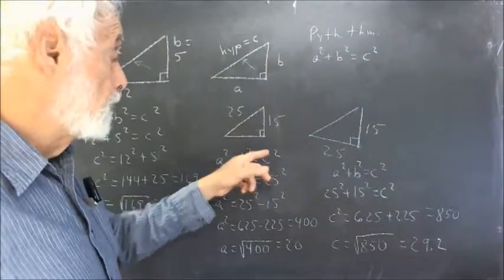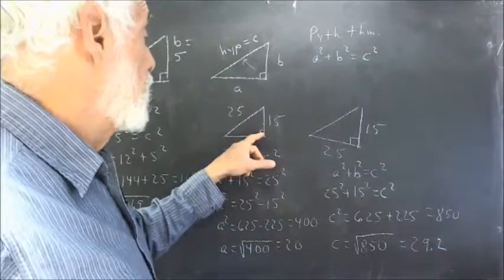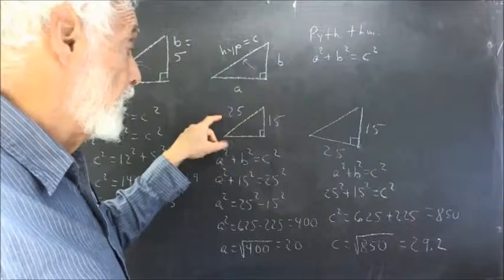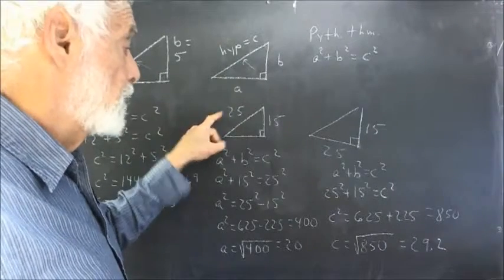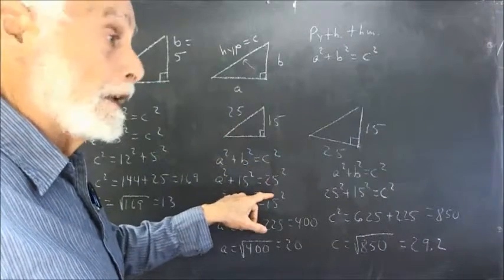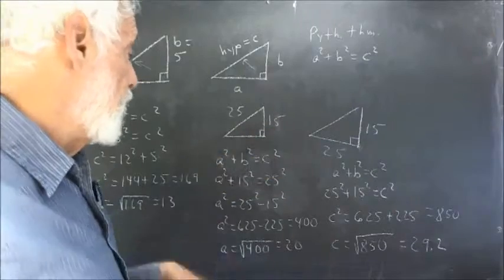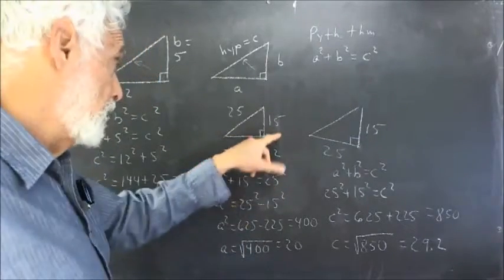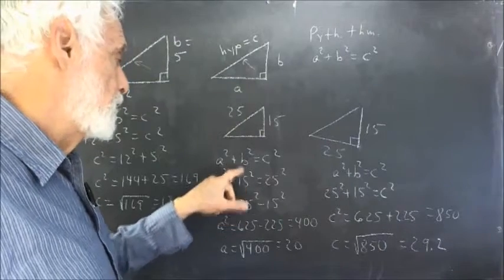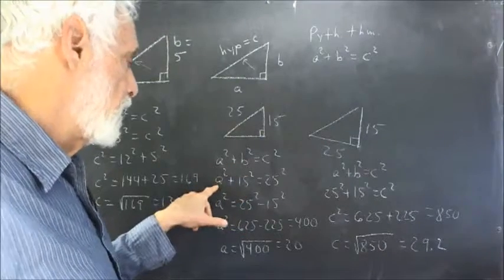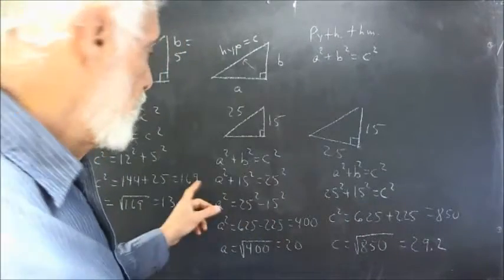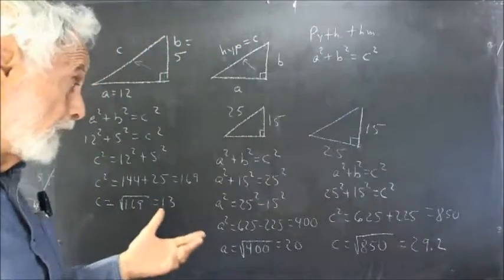For this triangle, we start by identifying the side opposite the right angle. That would be our side C, and that's 25. So we see that C is 25. Now this side could be A or B. If we want to call this A, we call this B. That's fine. So we have B squared, which is 15 squared. We then have A squared plus 15 squared equals 25 squared, which is something that's going to be very easy to solve.